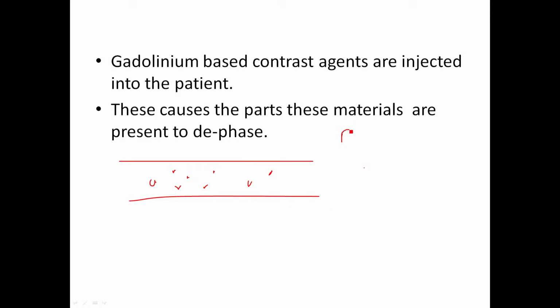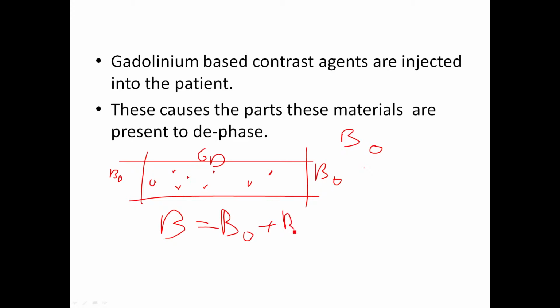Let's say B0 is our main field. In the part where the gadolinium is not present, B0 is effective. However, where the gadolinium is present, the total B will be B0 plus B gadolinium.